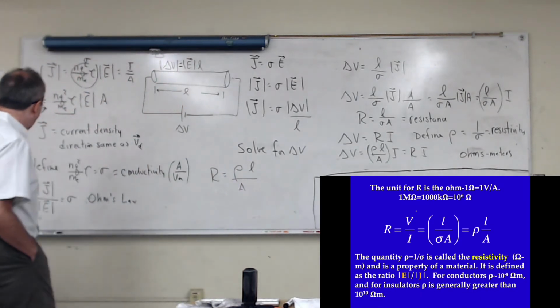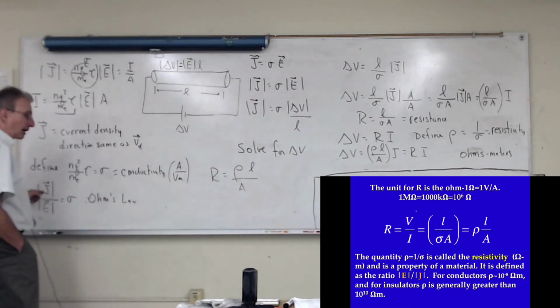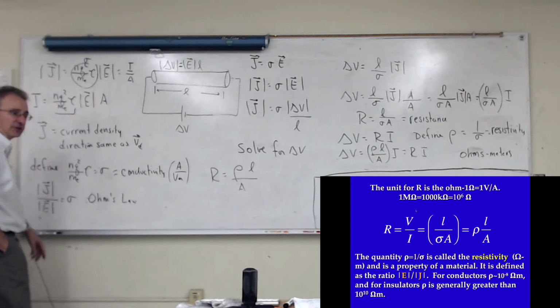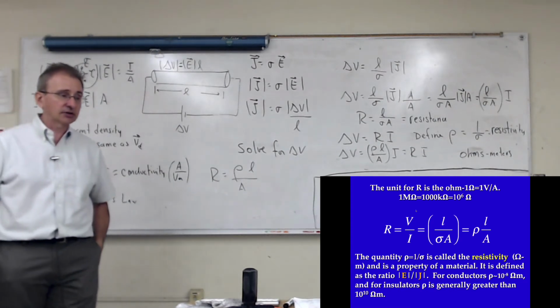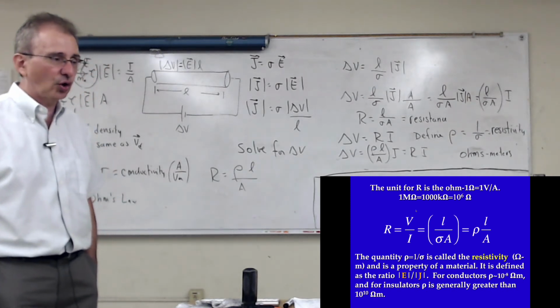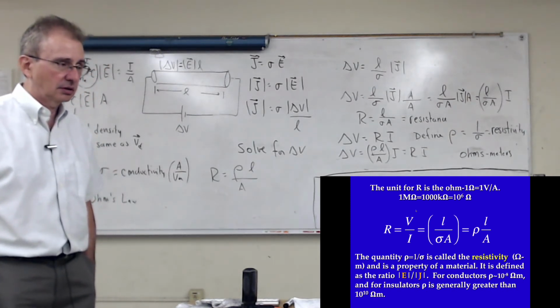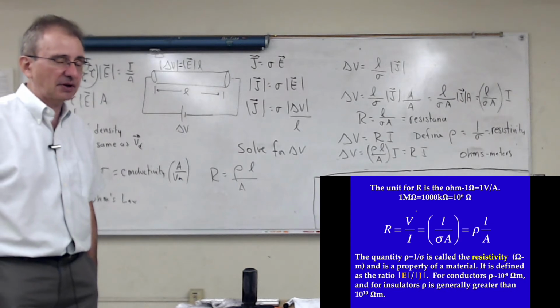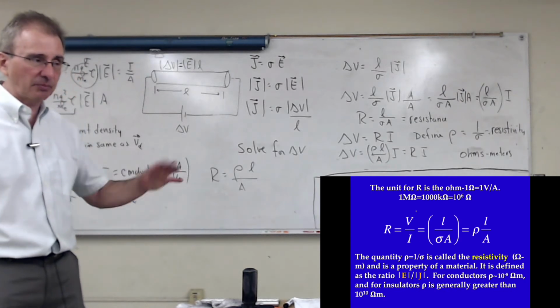So if you take the ratio of E over J, the magnitude of E over the magnitude of J, that's the resistivity. Now for conductors, the resistivity is like 10 to the minus 8 ohm meters. And for insulators, it's about 10 to the 10th ohm meters. Those are just ballpark figures.